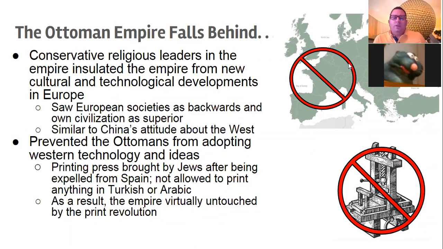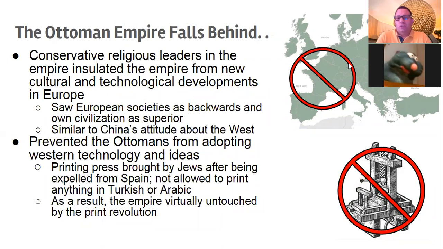What is kind of ironic about that is that Europe is only coming up with this technology and these inventions because they have already, stolen, for lack of a better term, ideas from the Muslims and from the Chinese. We've addressed that multiple times as well. But at this point, Europe is finally progressing, but many of the Ottoman leaders have this very anti-Europe attitude.